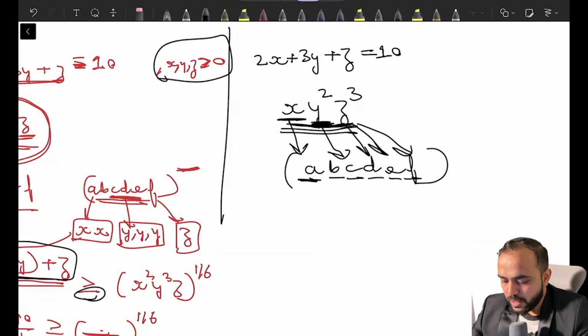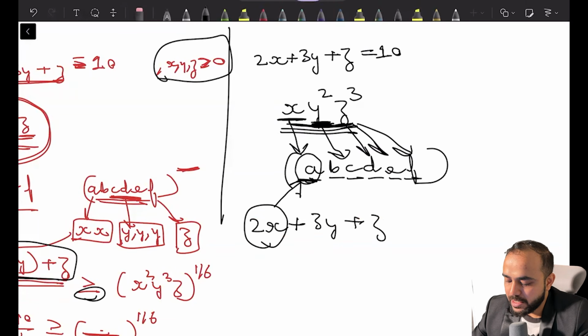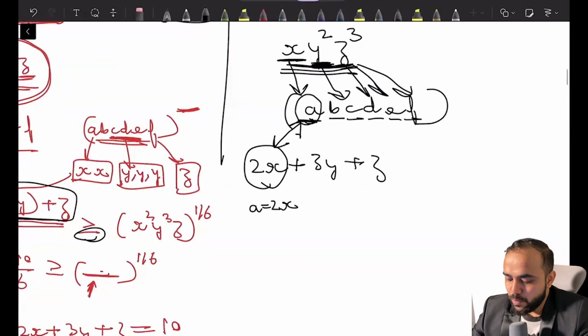Alright. So now let us convert A, B, C, D, E, F. I want only one term of x. So in this addition, the term of x will be consumed entirely by A. So A will be equal to 2x. Now B and C have to together account for 3y.